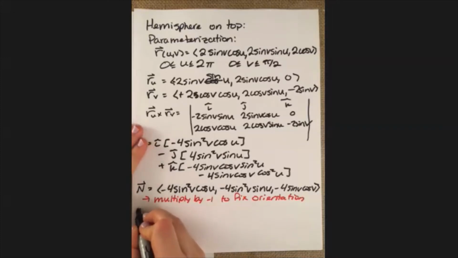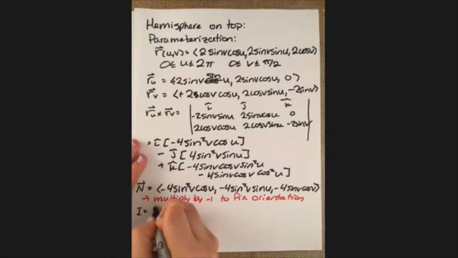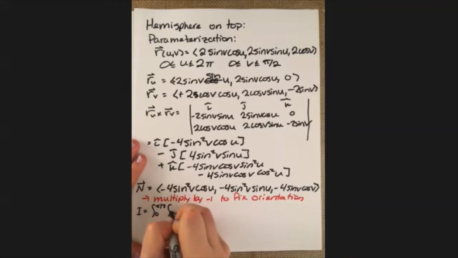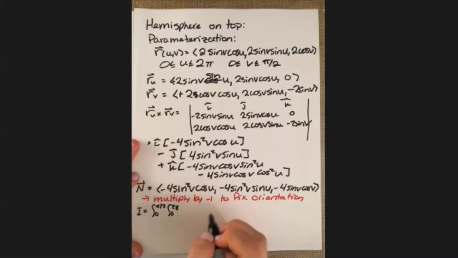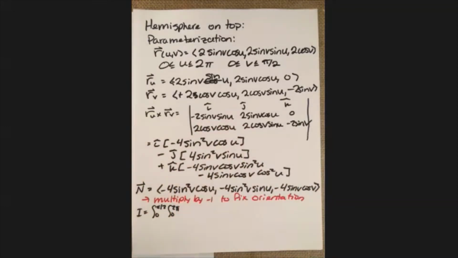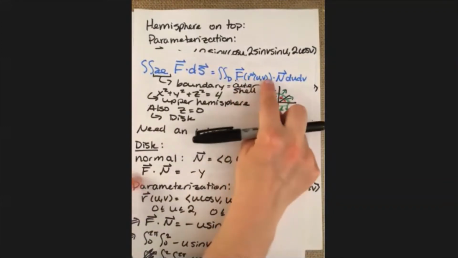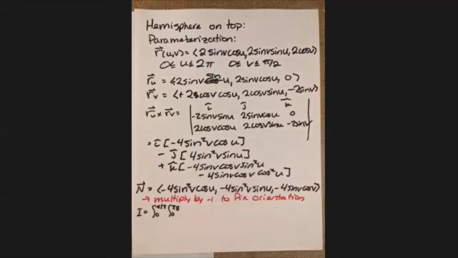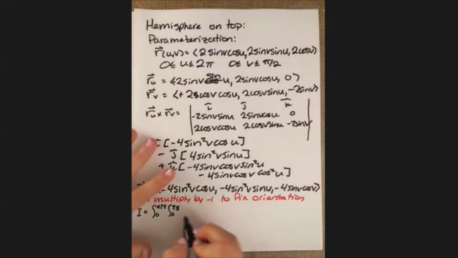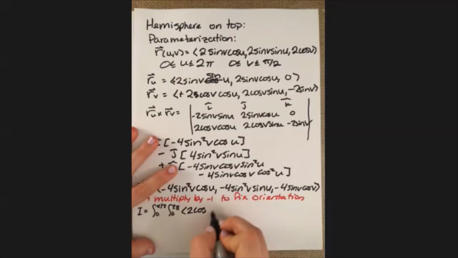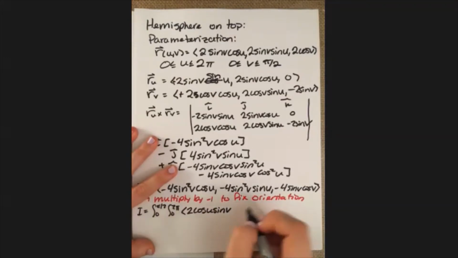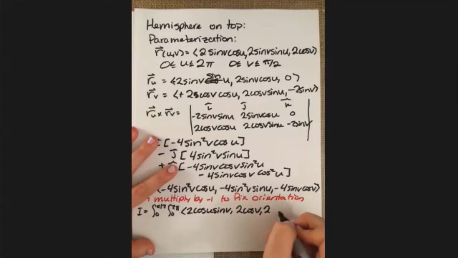We're going to have the integral from 0 to pi over 2, integral from 0 to 2 pi. Remember, we need our vector field evaluated at r of u v, which is going to give me 2 cosine u sine v, 2 cosine v, 2 sine u sine v.